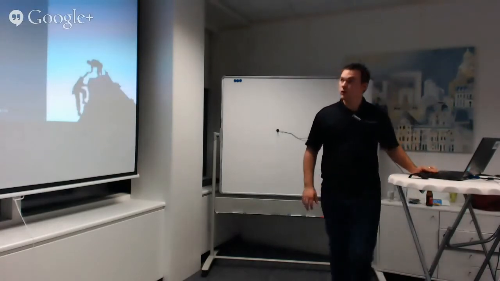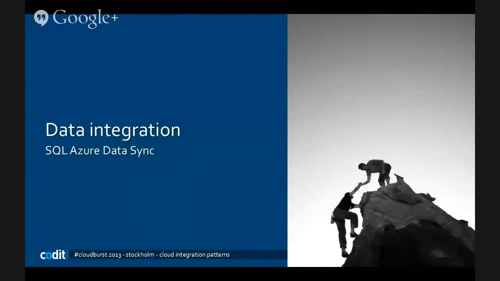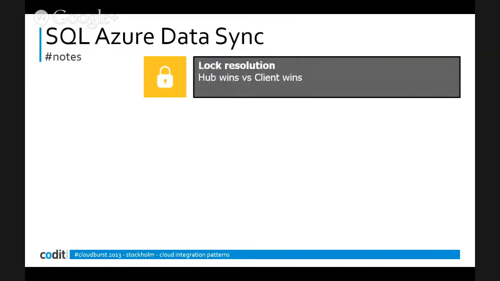Okay? One that I will be going very quickly, because maybe you guys know more, but it doesn't seem to evolve, and it's still in preview. It's SQL Azure Data Sync, but it's a pattern that is sometimes used, where you synchronize data from locally in more of a batch manner to your cloud database.